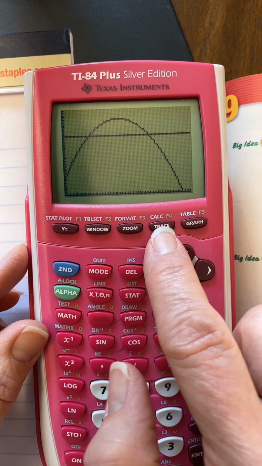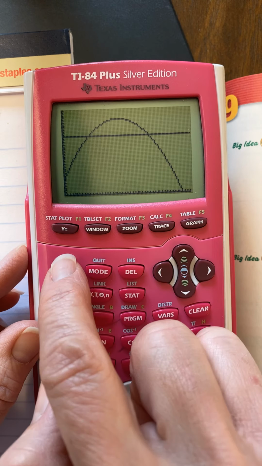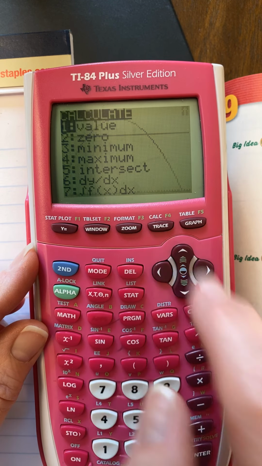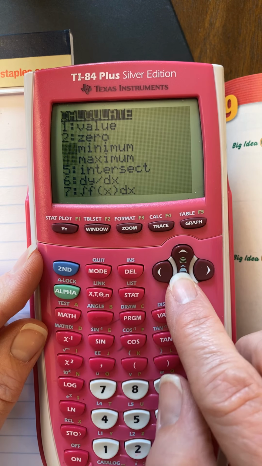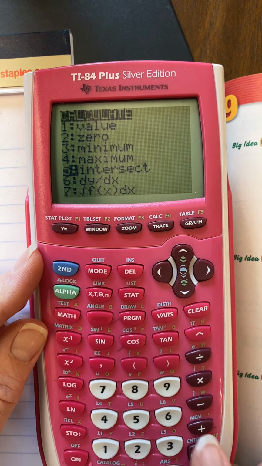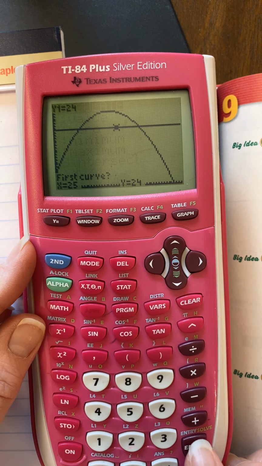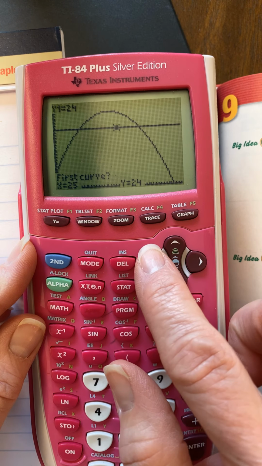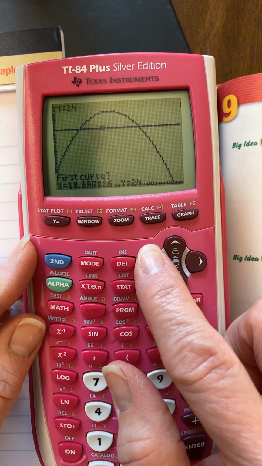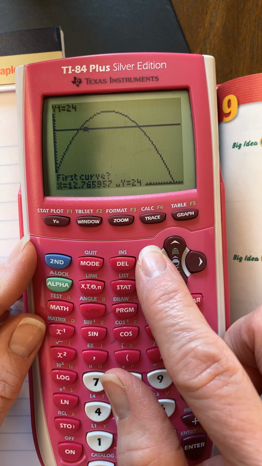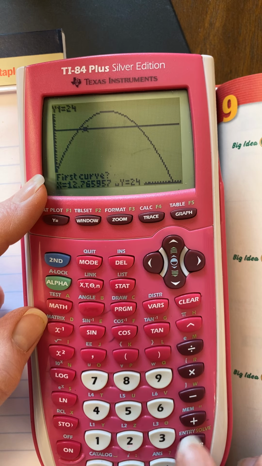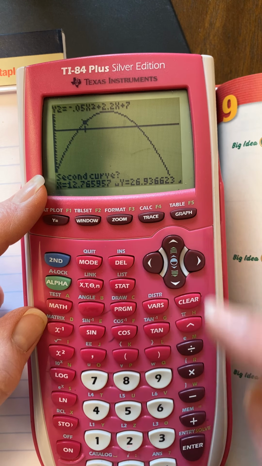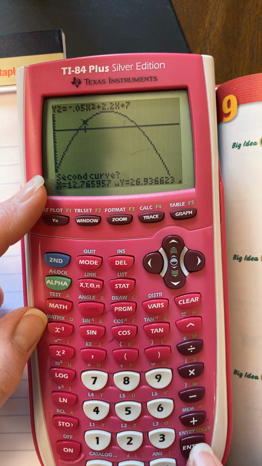Do you see this calc? So if you do second calc, we want to calculate where these graphs intersect. So this is a hint that a lot of people don't know. And then I'm going to cursor that little guy over here. Do you see how it says the first curve? I'm on one line. I'm going to enter. And then it says, hey, am I on the second curve?